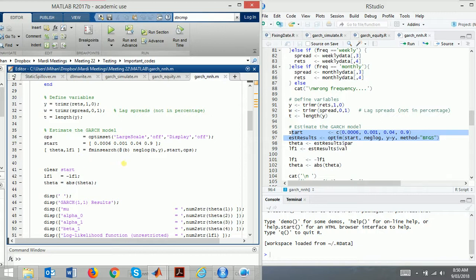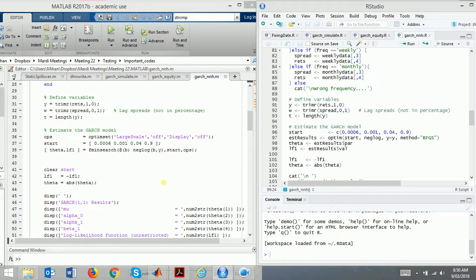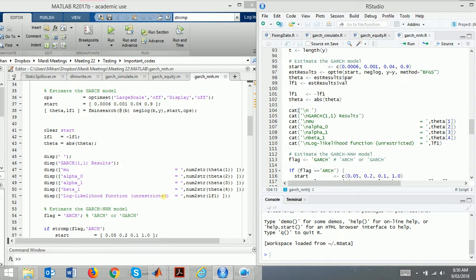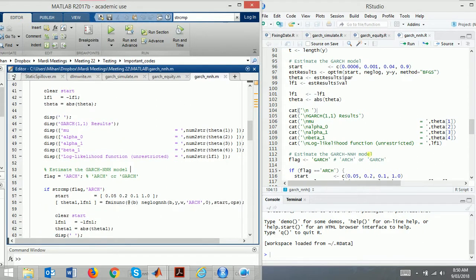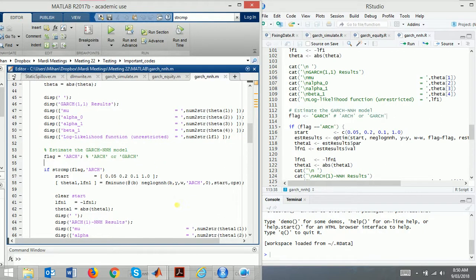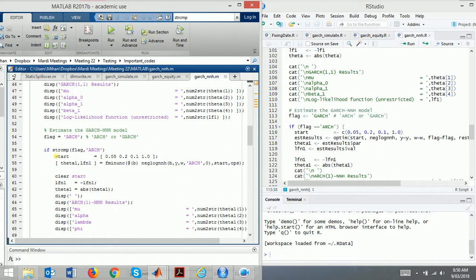Theta LF1, fn in search, because remember we have string comparison, so fn in search. Okay, equal for the GARCH model. Fine, there's no twist in the GARCH model, it is as simple as that. We have alpha, alpha 1, so we have all these variables estimated. But what for our non-linear model, for our ARCH or GARCH? If string comparison, again we're going to start an if function.